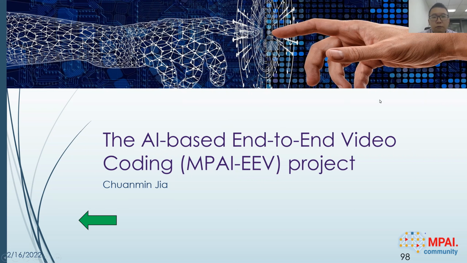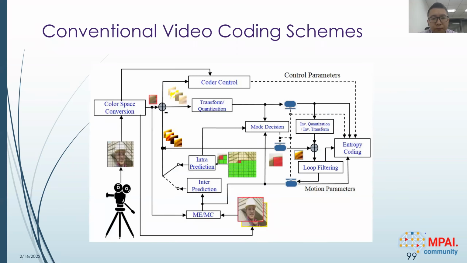So in conventional video coding schemes, this is a very typical hybrid coding structure. It captures the input videos and does the pre-processing, such as color space conversion, for the codecs. Within the codec, we have prediction coding tools, we have transform coding tools with some mode decision selection, followed by some filtering for reconstruction.